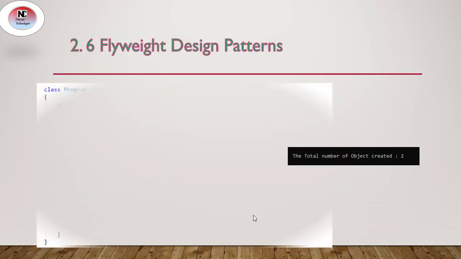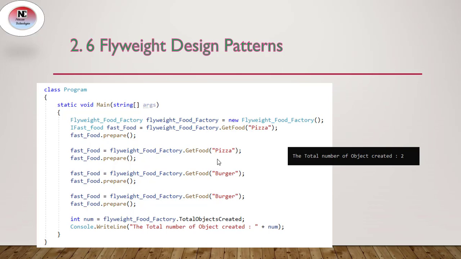Now what happens? Look at the scenario. Here I have created a flyweight factory instance and we pass the value pizza to it. So the food type is pizza, and the first instance is created. The second time is also pizza, which is already a key, so it is not added to the dictionary.